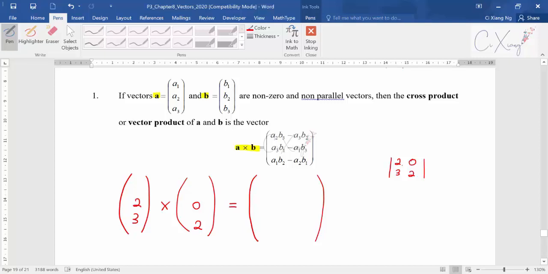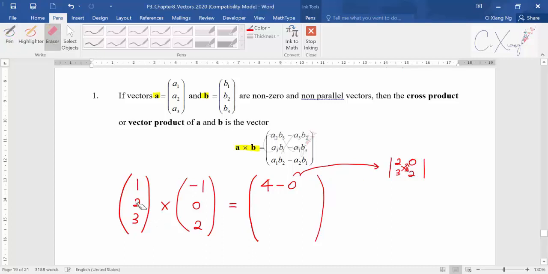You take the 2, multiply with 2, and you get a 4. In this direction, you multiply them minus the multiplication of this other direction: 3 multiplied with 0, you get a 0. So your first value should be 4 minus 0. This is the first number that we have.